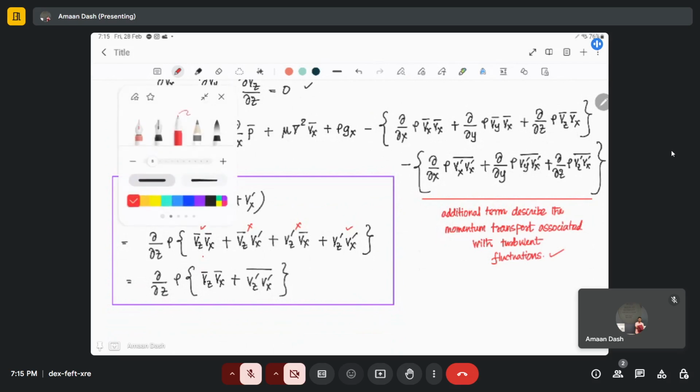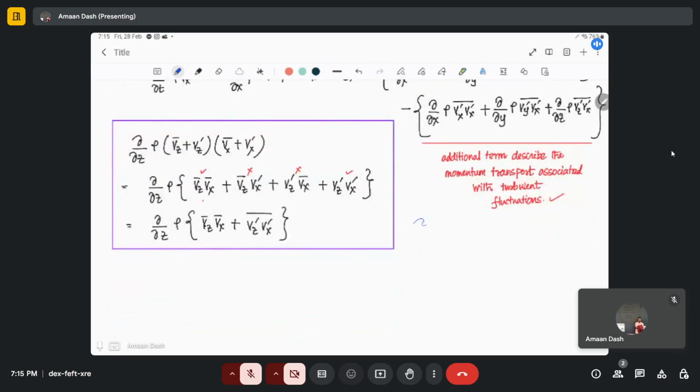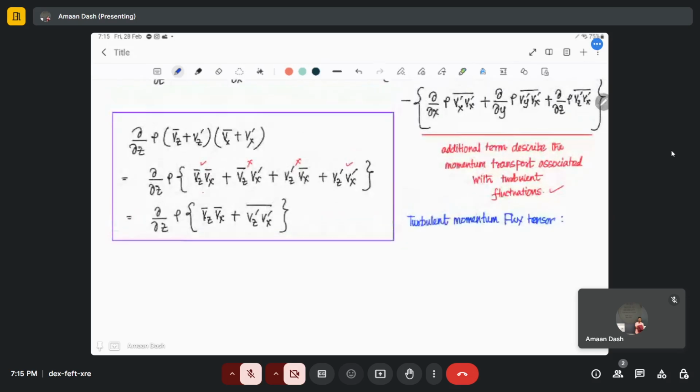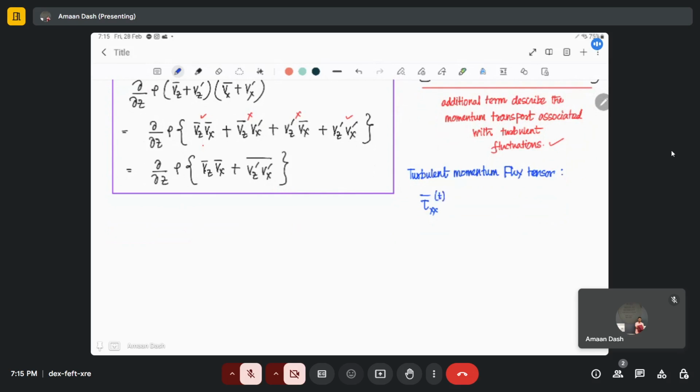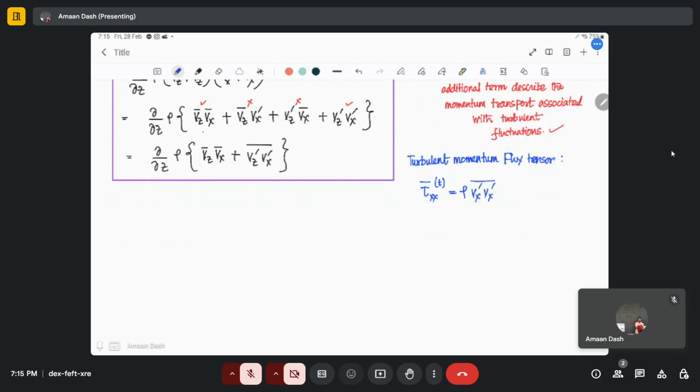So you can also write these terms in terms of the turbulent momentum flux tensor. So in terms of that you can write, say, tau xx bar, which is obviously a function of t, will be equal to rho times vx prime vx prime bar.